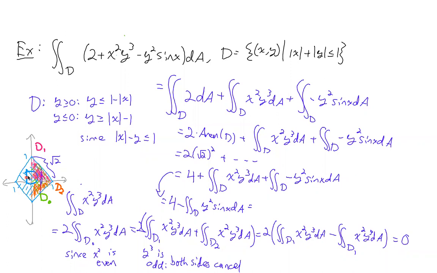So this side is going to be one thing with sine of x, and the other side is going to be the same exact thing, but negative. So those guys are going to cancel each other out as well. So this becomes 4 minus 0. In other words, just 4.